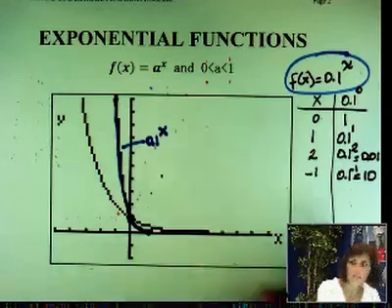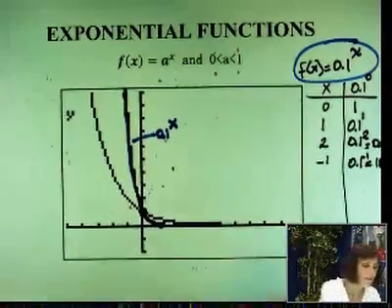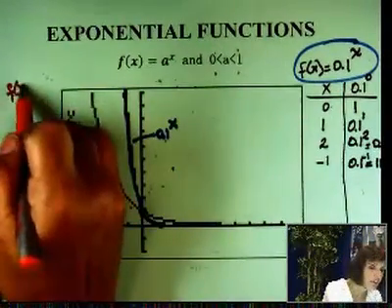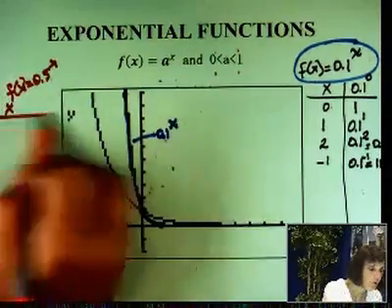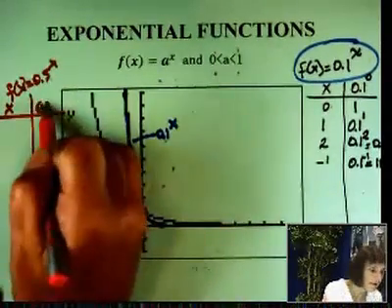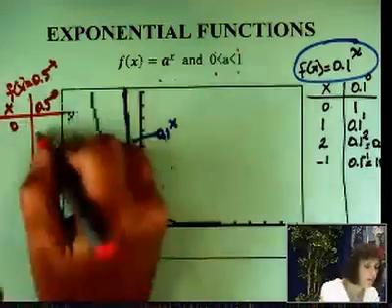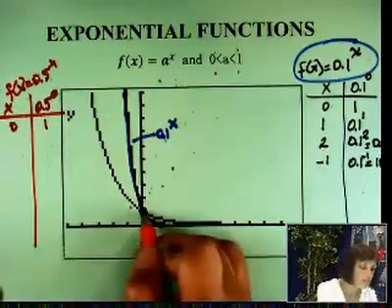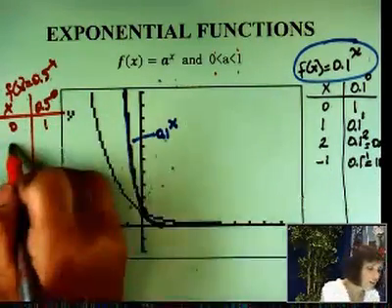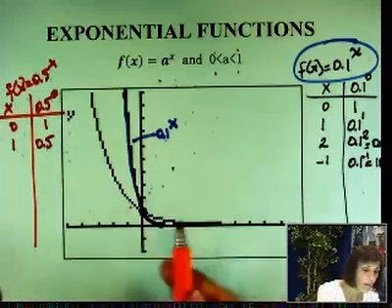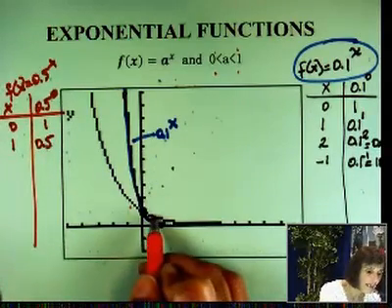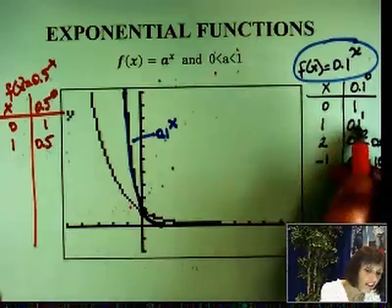So let's look at something else. Let's look at f of x equals, let's say, 0.5 to the x. 0.5 to the 0th power, when it's 0, this is going to be 1. That's given. When it is 1, it's 0.5 to the 1st power, so it's going to be 0.5. That is higher than 0.1.